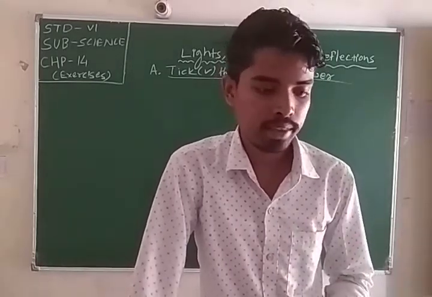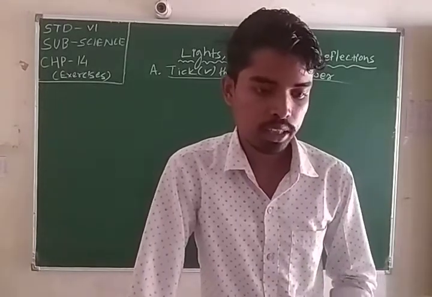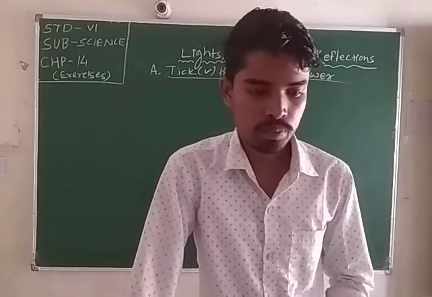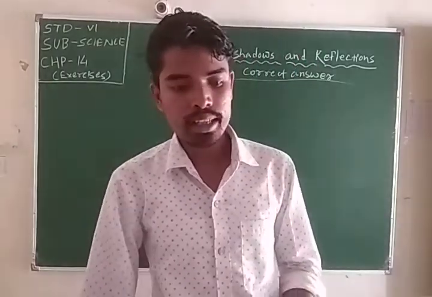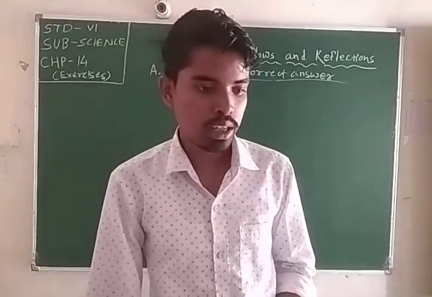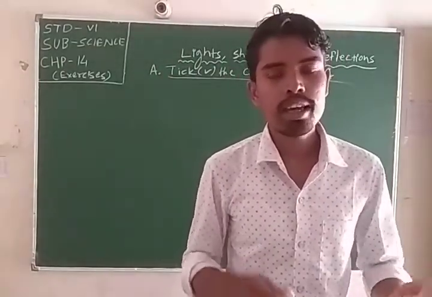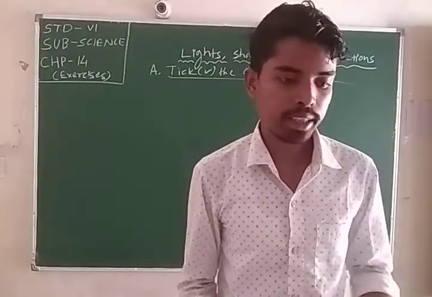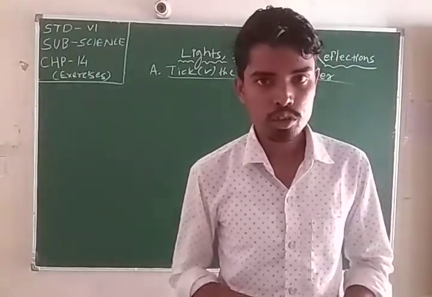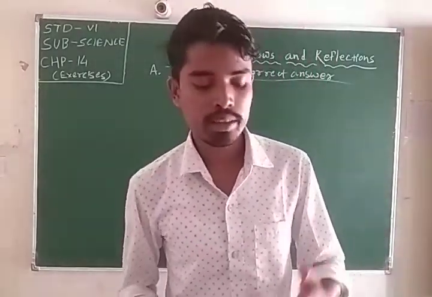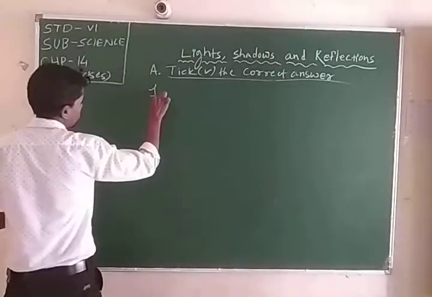The sun, lighted bulb and lighted candle are luminous bodies. The moon is a non-luminous body because it has no light of its own; it is seen by reflecting the light of the sun. So the answer is A, moon.